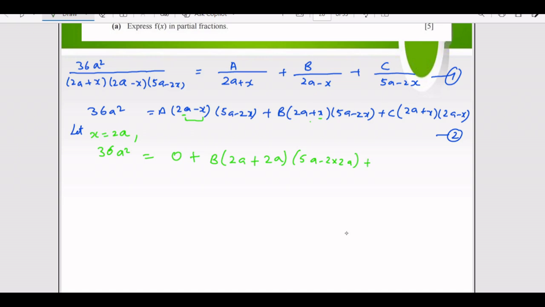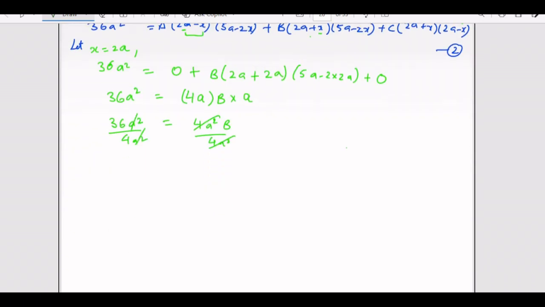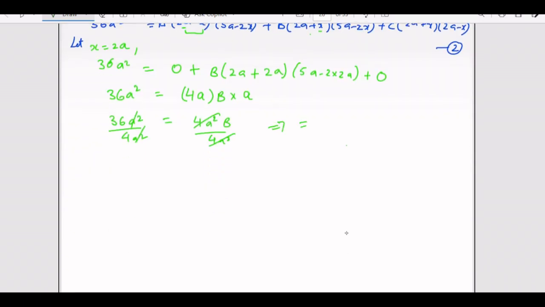So 36a squared equals 4a times B times a, that is 4a squared B. Divide by 4a squared on both sides, so we get B equals 36 over 4, which is 9. So our B value is 9.